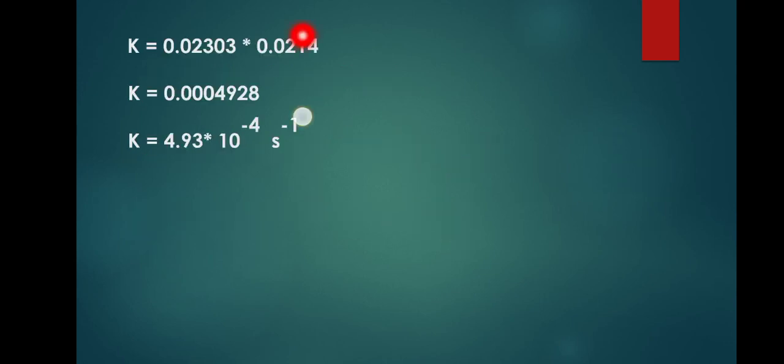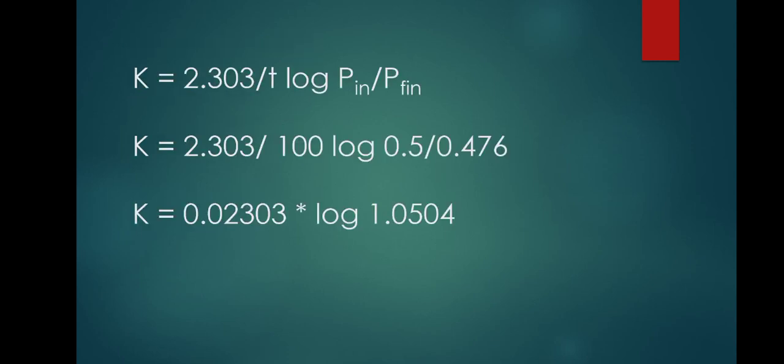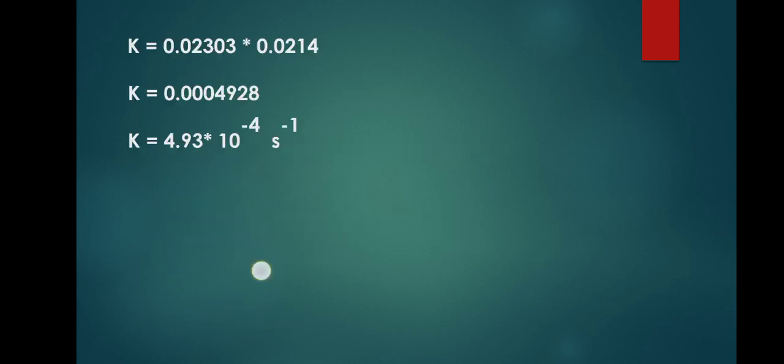Dividing 2.303 by 100 gives 0.02303. Multiplying both, we get 0.0004928, so the rate constant becomes 4.93 times 10 to the power minus 4 second inverse.